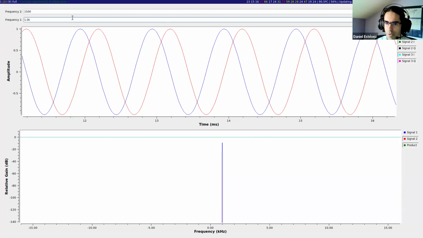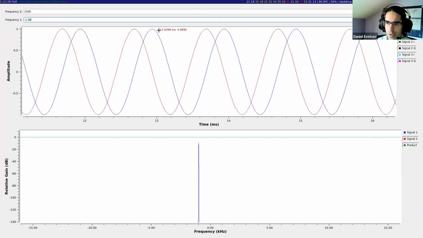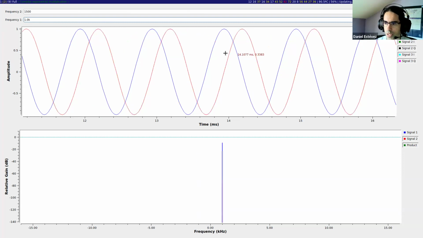Anyhow, trigonometric properties. But if you want to remember this in a graphical way: negative frequency, the imaginary part comes before the real part. Positive frequency, the imaginary part comes after the real part.